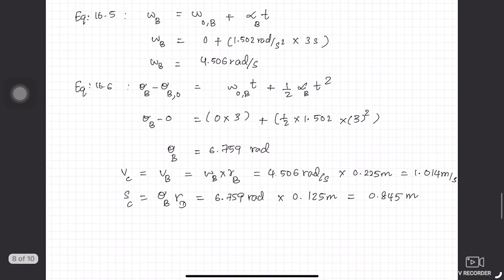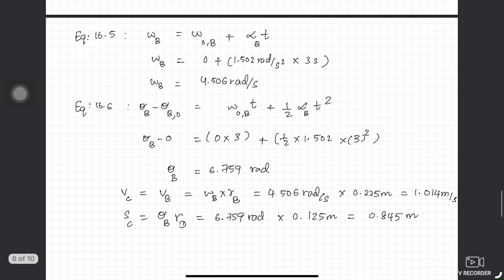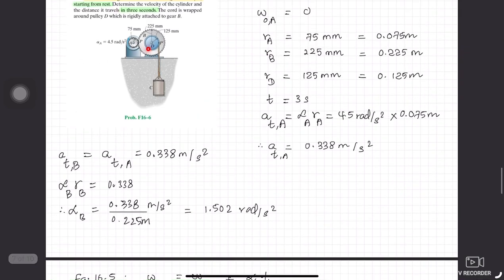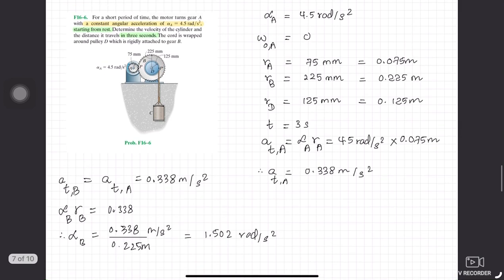So now we have the answers as required for the cylinder velocity and distance traveled in 3 seconds. There's only one thing to be aware of. In finding the distance, we need to use the r_D value, not the r_B value, because it is connected by the inner D plate here. So yes, thank you.